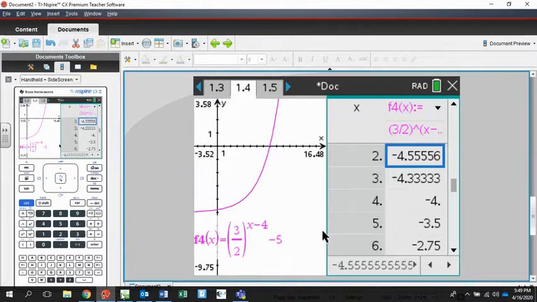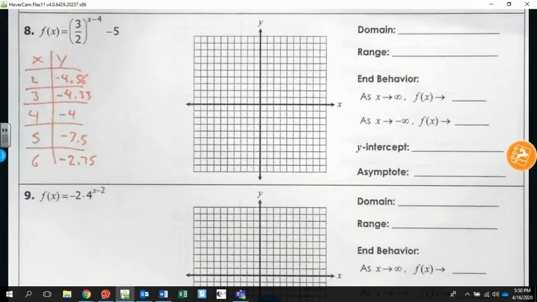I plugged it into the graphing calculator accordingly, exactly the way that it was written. And I have 2, negative 4.56, 3, negative 4.33, 4, negative 4, 5, negative 3.5, and 6, negative 2.75. So I'm going to graph those coordinate points to the best of my abilities on this xy plane.